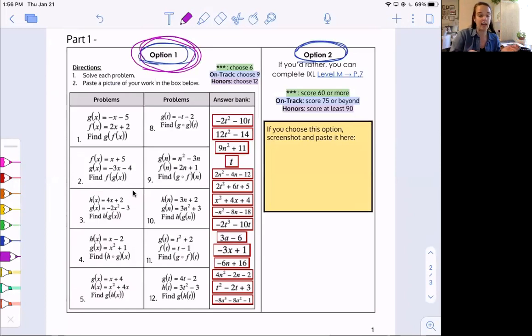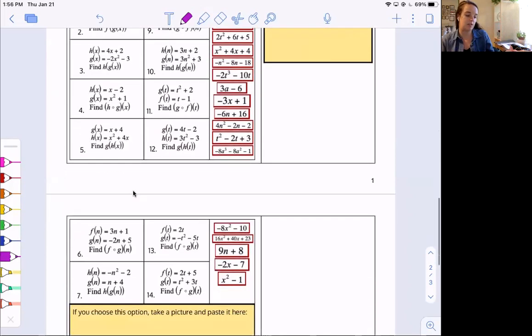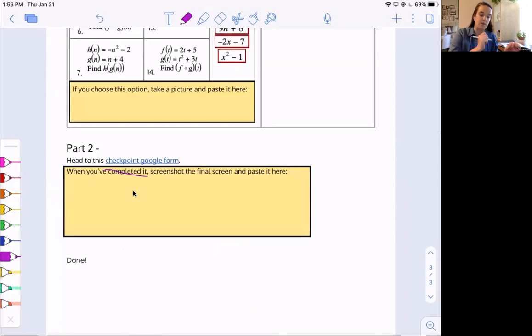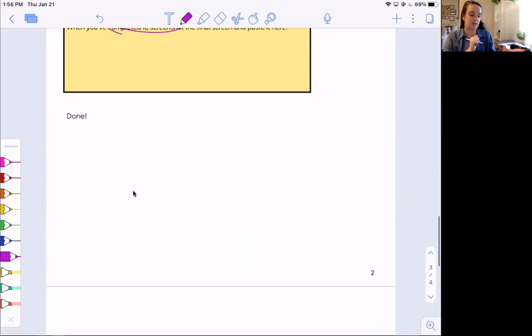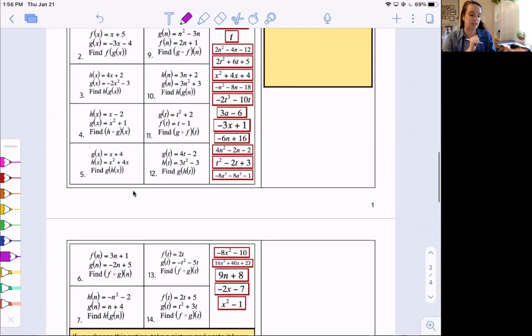If you would prefer iExcel, you have your iExcel option there. If you work on iExcel, I could be following you. If you work on paper, I can help you either way. And then you have your checkpoint form, right? And that is it. It's just 2 pages.